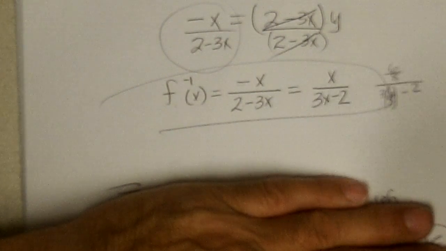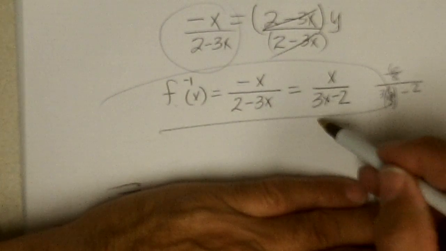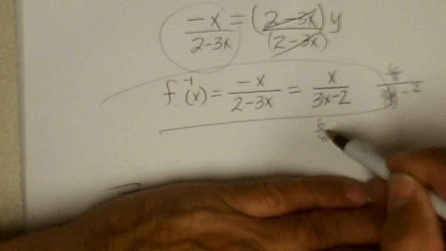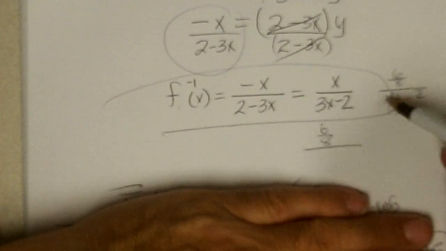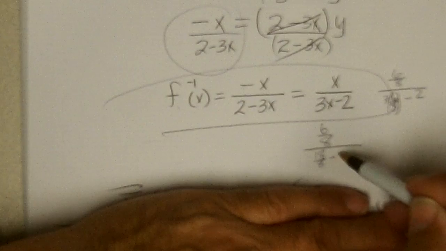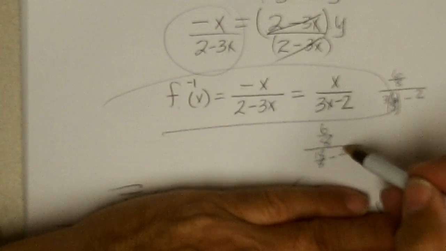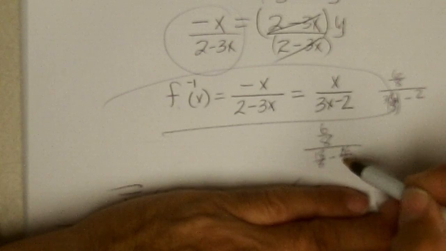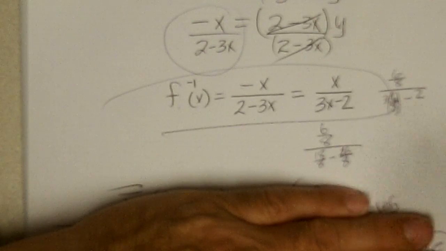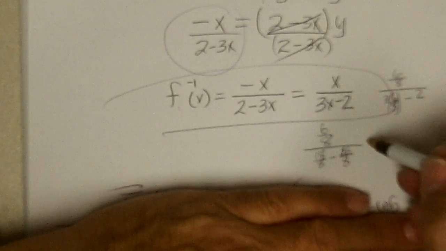minus 2. So I have 6 eighths divided by 18 eighths minus 2. 2 is the same as 16 eighths. So I have 18 eighths minus 16 eighths.